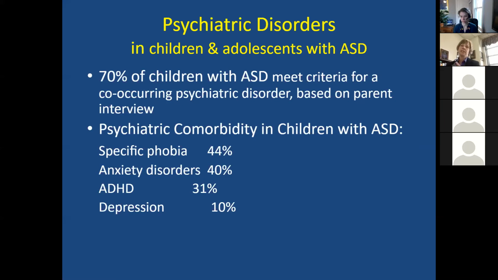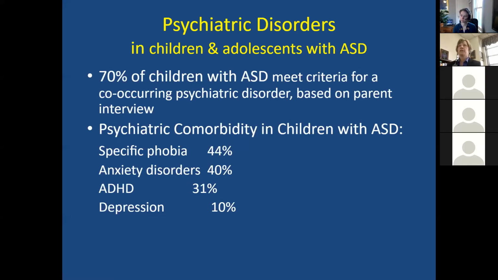So these statistics differ a little bit from what Dr. Hastings had mentioned, but you have to look at the source of information. So this is co-occurring disorders based on parent interview. It just depends on which subset of the population you might be getting information on, and at which point in time.